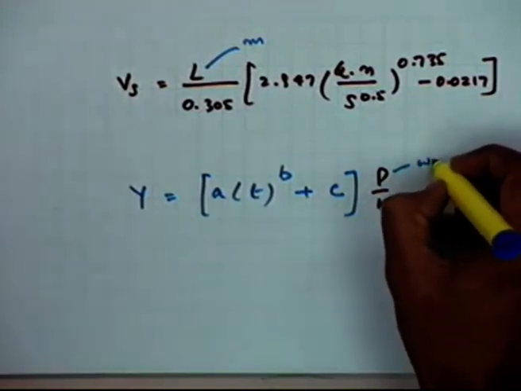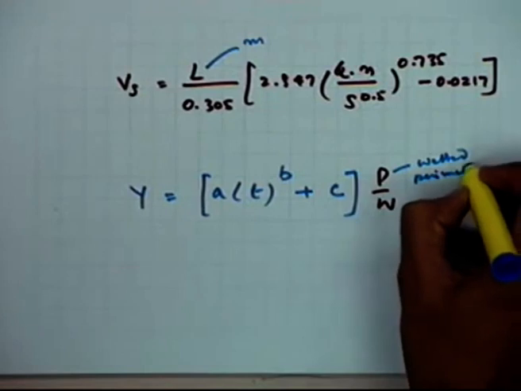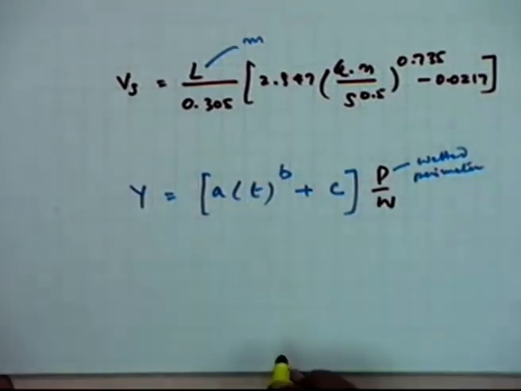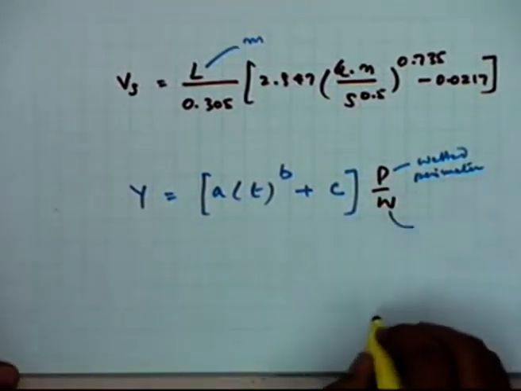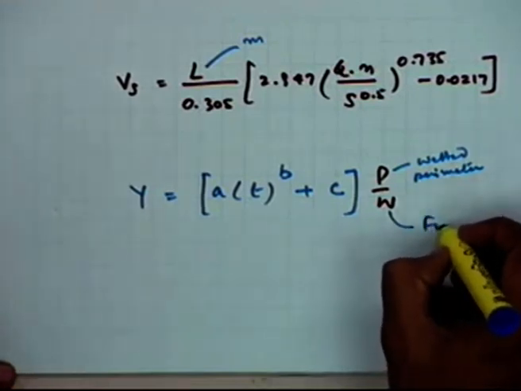This is the wetted perimeter. And W is the furrow spacing.